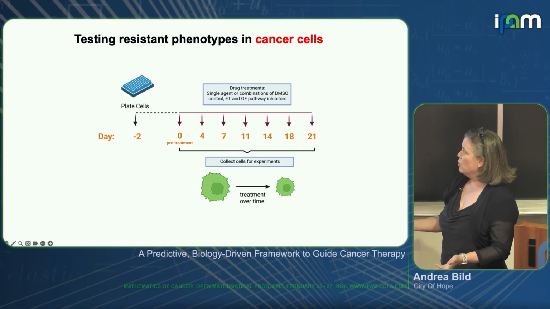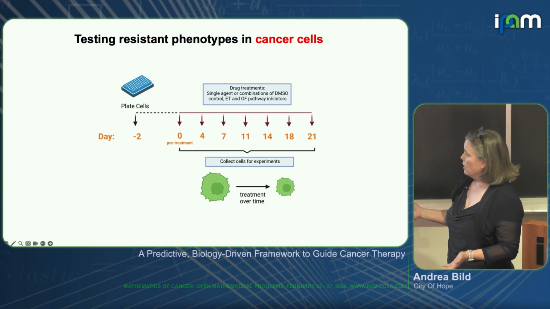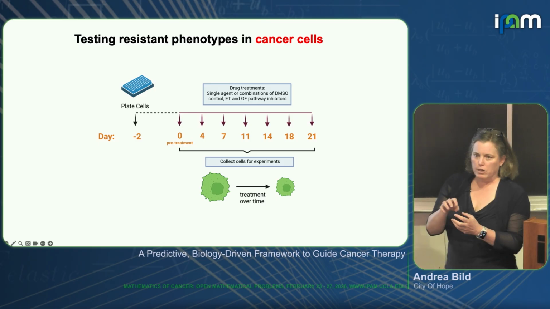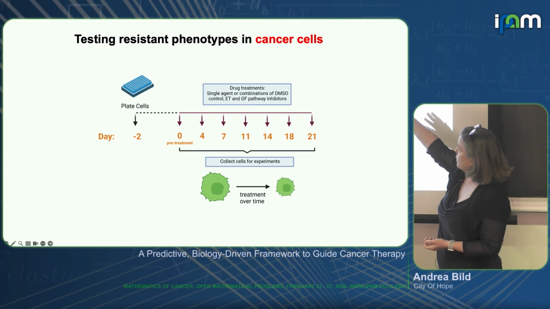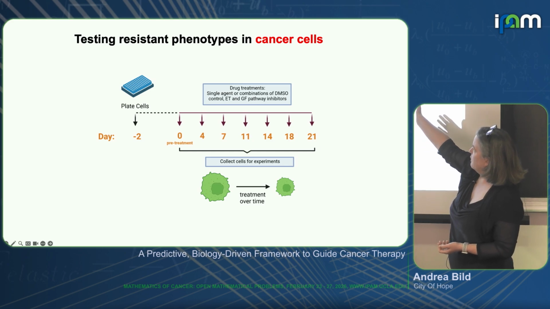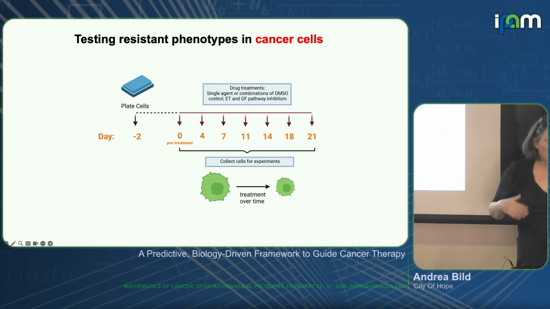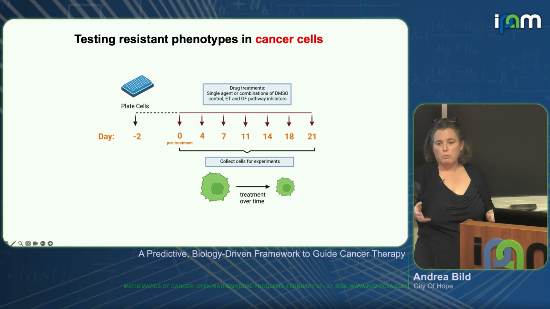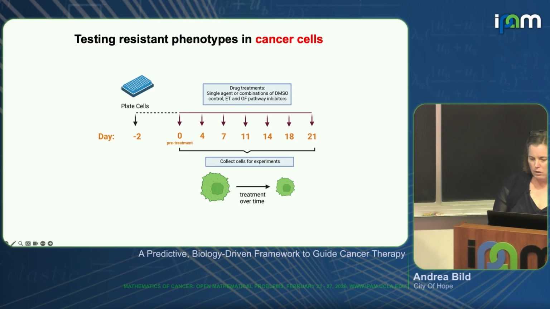I have a lab at City of Hope, and we developed this system where we grow cancer cells, ER-positive breast cancer cell lines, in 3-dimensional culture, for up to 21 days. We can stop the experiment at any time, and we can treat them with therapies and look at how the cells grow. We can also do things like Western blots, which measure protein expression, or RNA-seq, or any other types of assays.